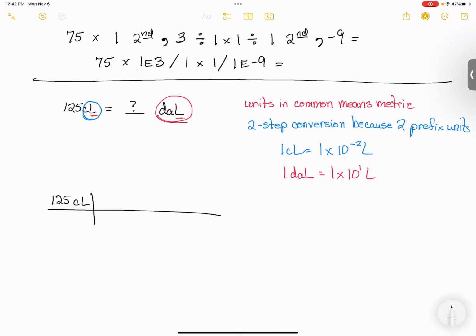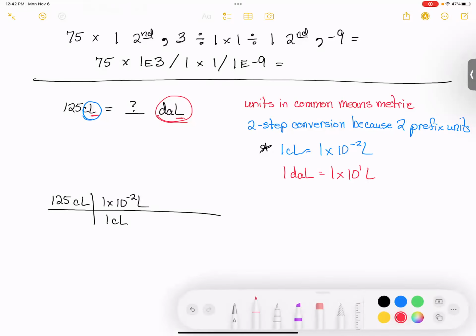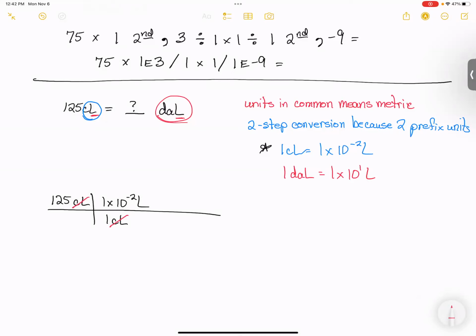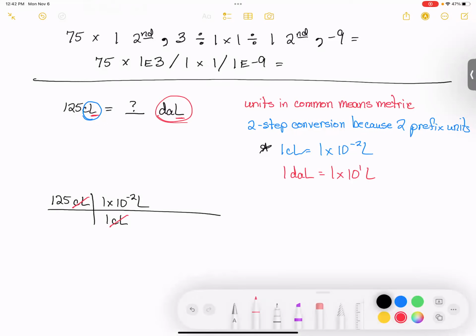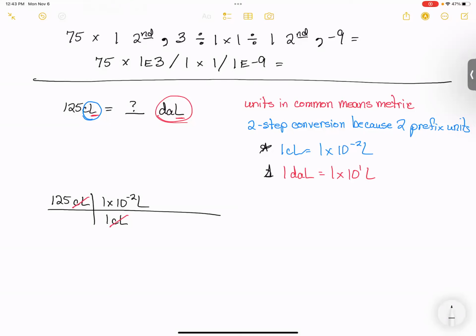The first conversion factor we need has centiliters in it, so it's going to be the first one. The centiliters have to go in the denominator, so the 1 CL goes in the denominator, while the 1 times 10 to the minus 2 liters goes in the numerator. The CL had to go in the denominator so that it went away, leaving L. The next one is going to have L in it, which is going to be our deciliter.